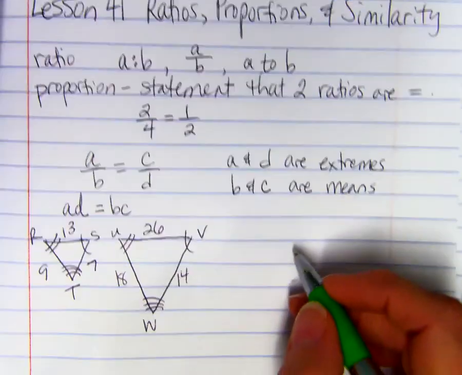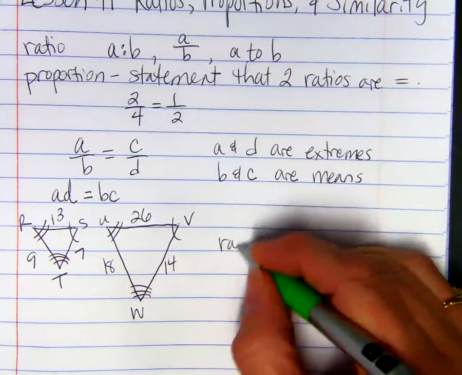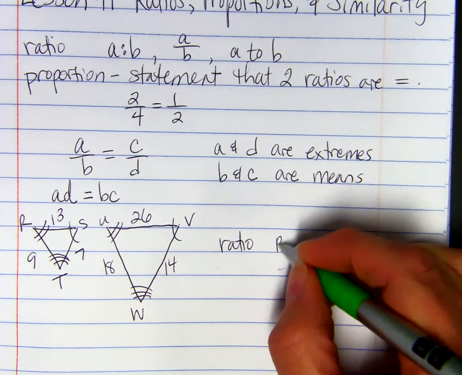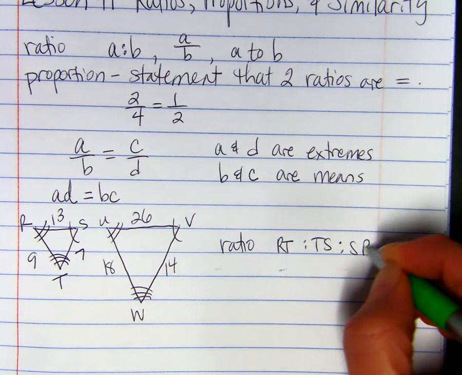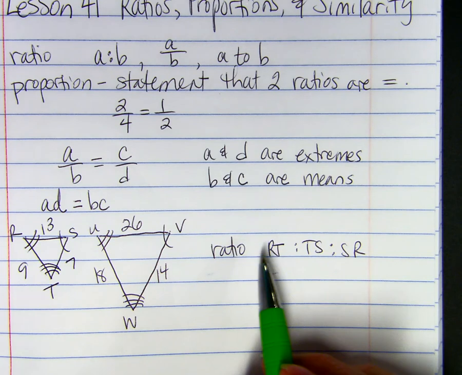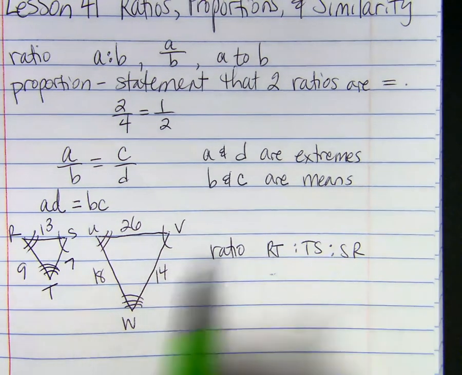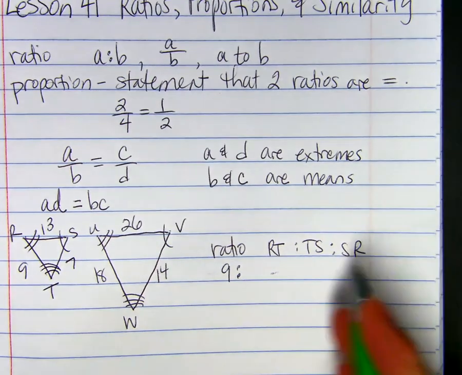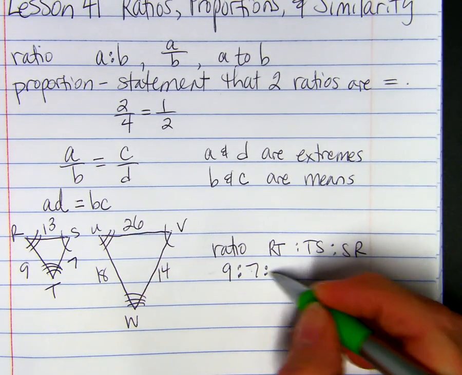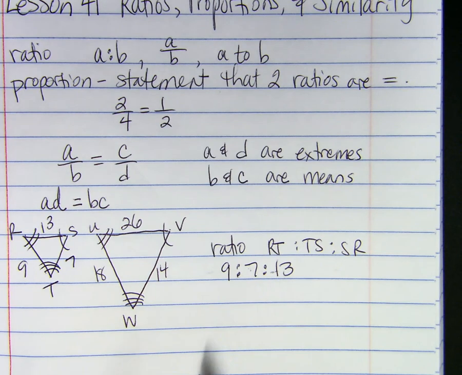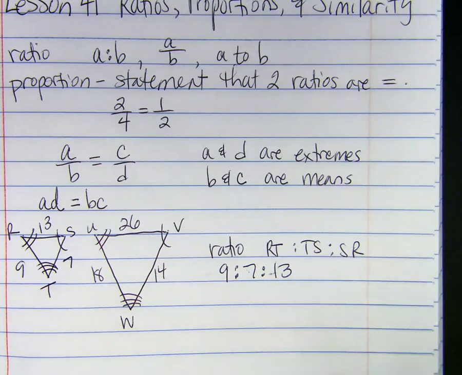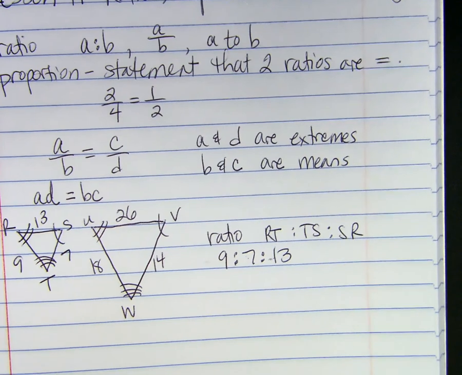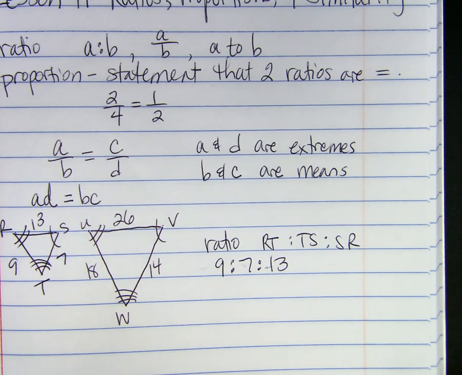So we want to write a ratio comparing the lengths of RT to TS to SR. Without the line, that means we want the lengths. So RT is 9, TS is 7, SR is 13. You can write it this way. Writing it with the division bar wouldn't look right because there are three numbers, so you could use the colon. You could also say the word "to": 9 to 7 to 13.